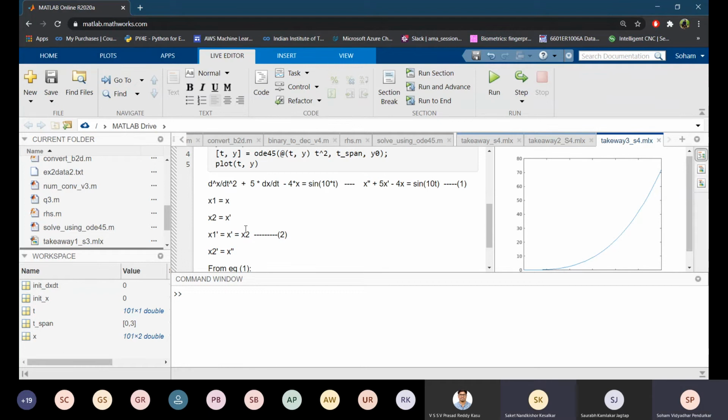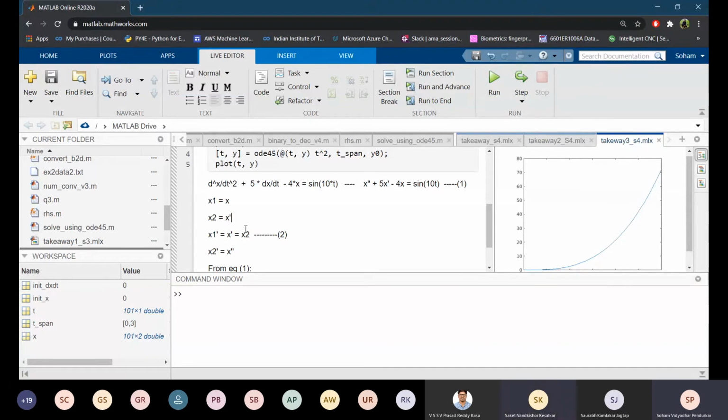So x1 and x2 are the values we have to solve for. Initially I had one variable, but since it was a second order differential equation, I couldn't solve it with ODE45. So I created two variables so that I can solve it with two differential equations.